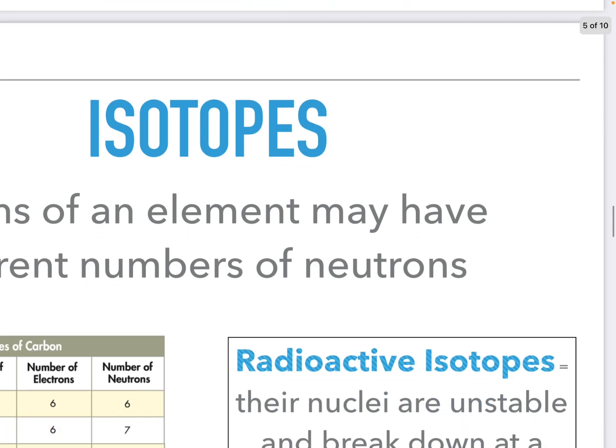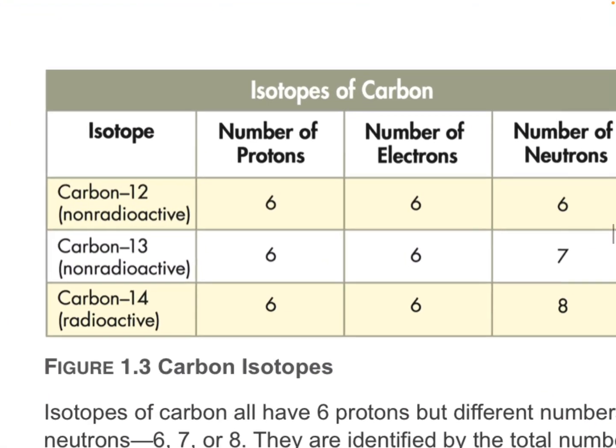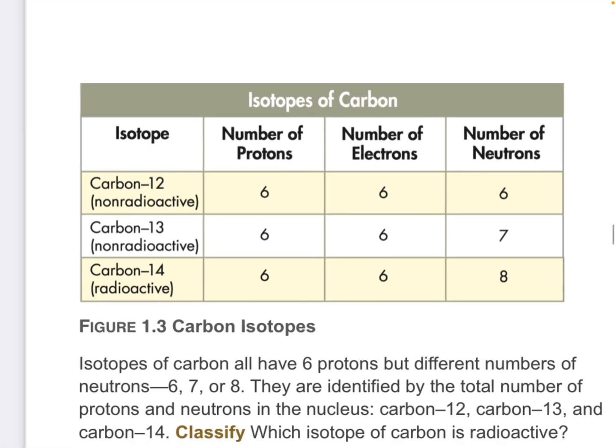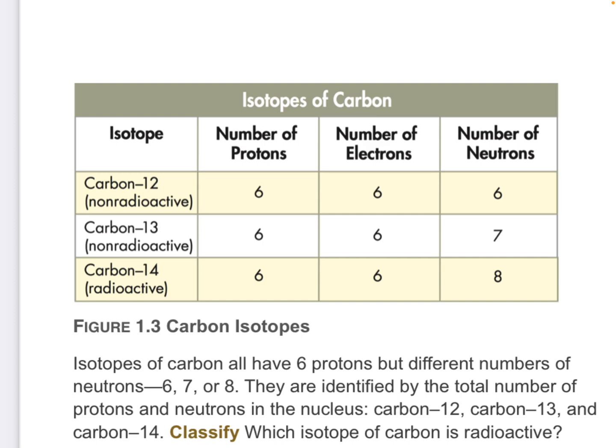So if we go back to this chart here, you see that all of these carbons have 6 protons. And actually they all have 6 electrons as well, because electrons and protons are typically balanced to make the atom neutral. However, in carbon-12 you have 6 neutrons, in carbon-13 you have 7 neutrons, and in carbon-14 you have 8 neutrons in each nucleus. Those are known as isotopes. They're variations of carbon.